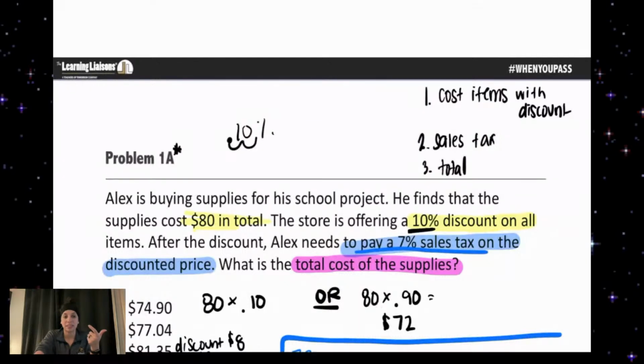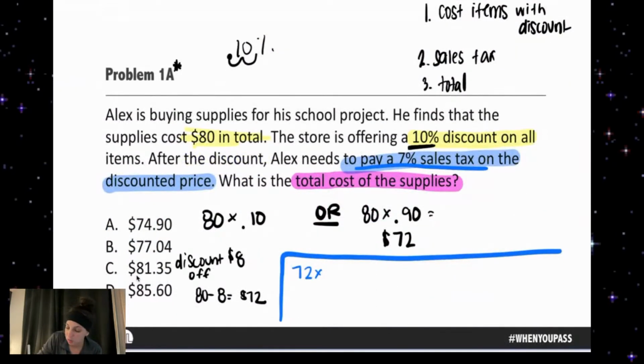So if I'm hopping that decimal 2 places to the left, 7% is not going to become 0.7. 7% is going to become 0.07, right? When I hop that decimal, I end up with that 0 in the front of it. So I can multiply by 0.07.